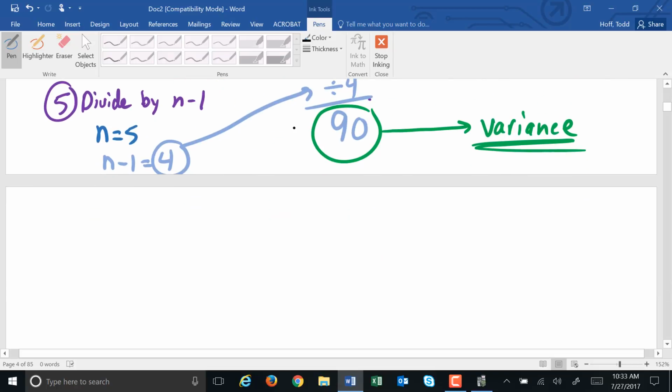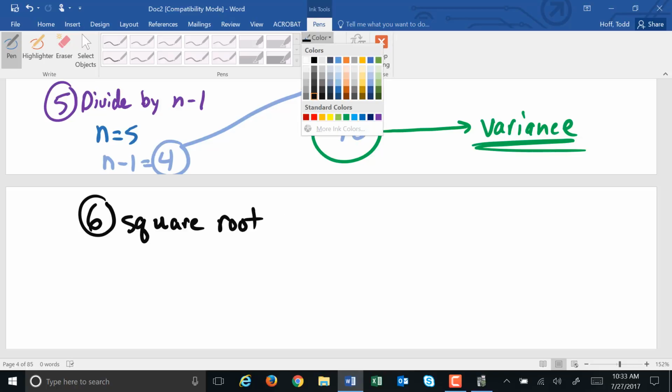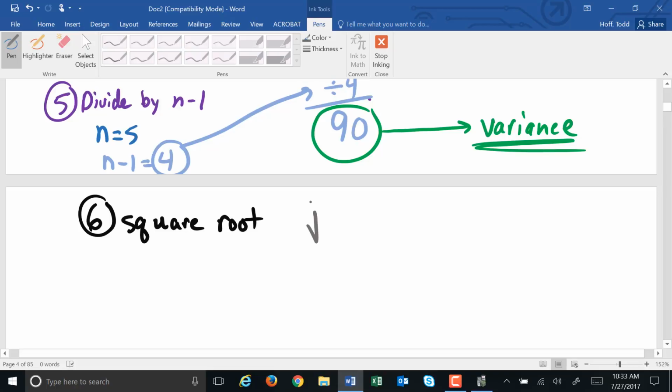Now I said it was a 6-step process. We are now at step 6: square root. So it's the square root of 90.